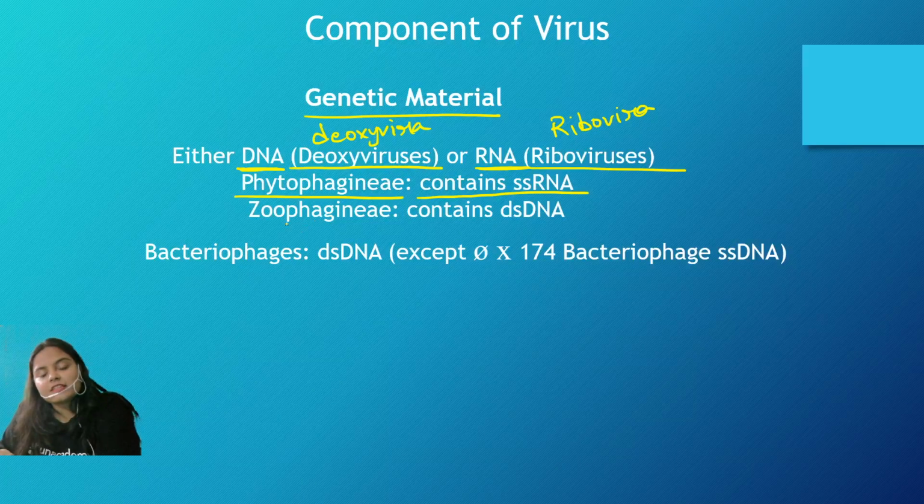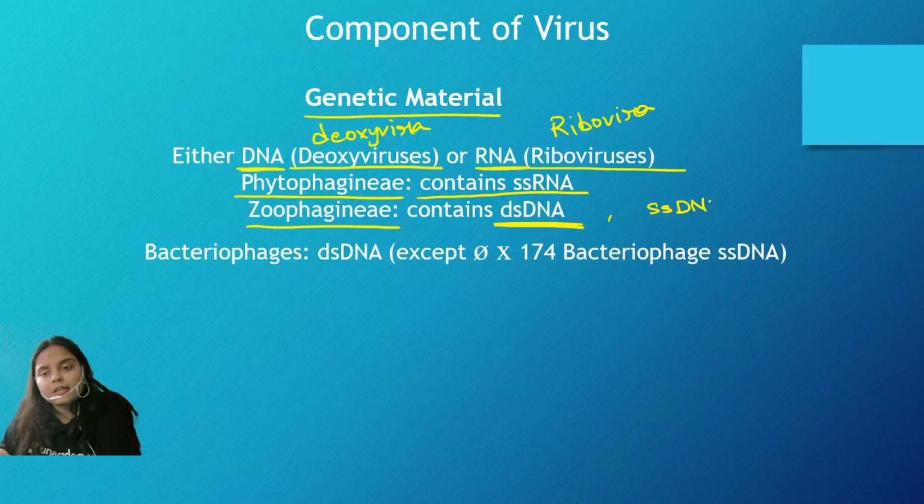Whereas the viruses which infect the animals are known as the zoophagini, and normally they contain double stranded DNA, but sometimes they do contain single stranded DNA or single stranded RNA molecule also, but majority of the times they are double stranded DNA molecule.